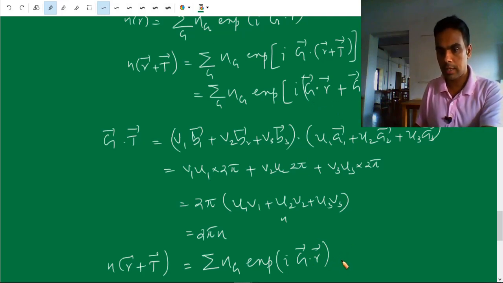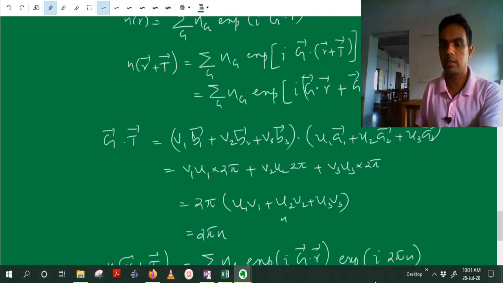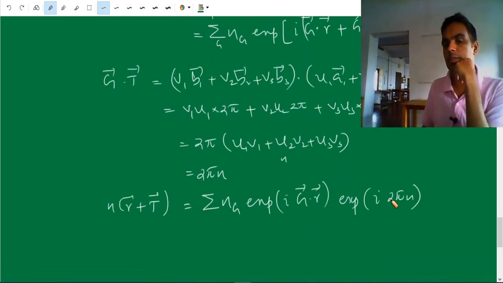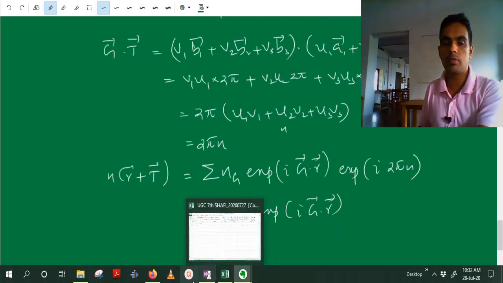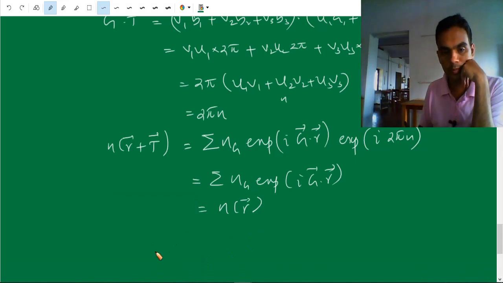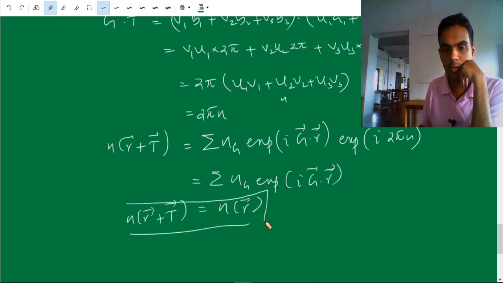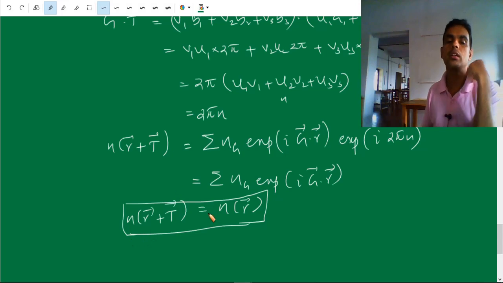The value e raised to i 2 pi n is equal to 1. Therefore, this is equal to n_G exponential i G dot r, which is equal to n of r. So n of r plus T is equal to n of r. Okay, so we have proved this is invariant under a translation T.